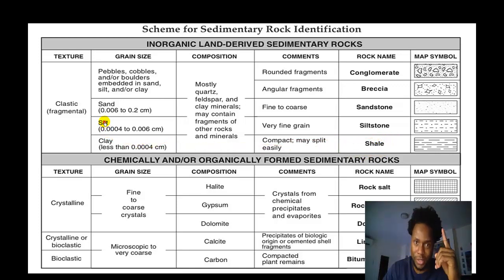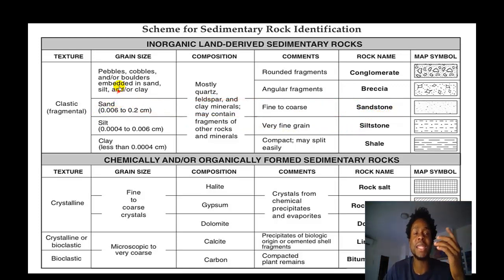Now, when silt, 0.0004 to 0.006 centimeter, is buried, cemented, and compacted, you have siltstone. So from the word silt, you have siltstone. Similarly, sand, you have sandstone.